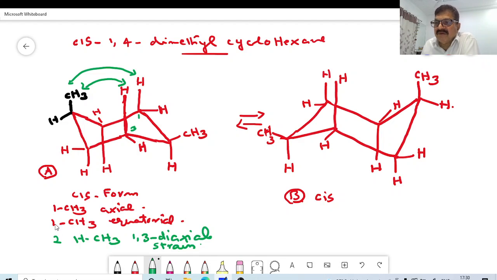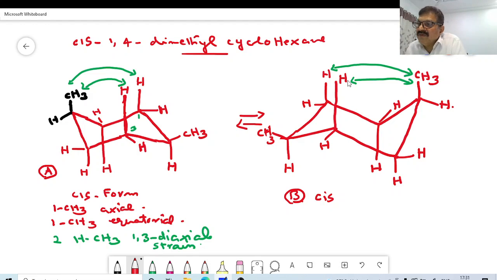Now if you take conformation B, it will be the same thing here also. This hydrogen will interact with this methyl group like this. There can be two. So there will be two HCH3 1,3-diaxial strain interactions in each structure. Each conformation has the same number of steric and torsional strain interactions.